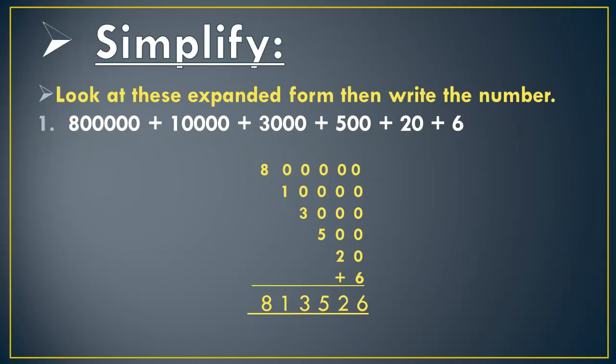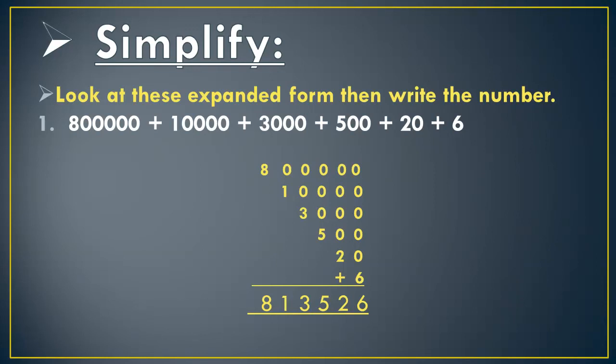I can add these to get the number. So all the zeros and 6 are added. 0 added to anything is that number itself. So if I add so many zeros to 6, I get 6.